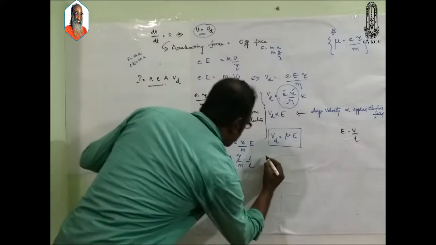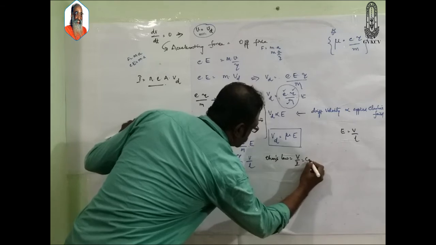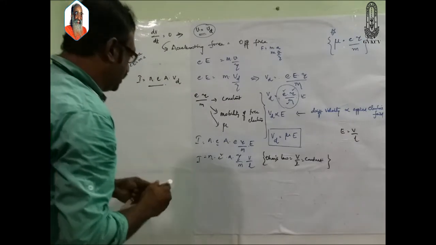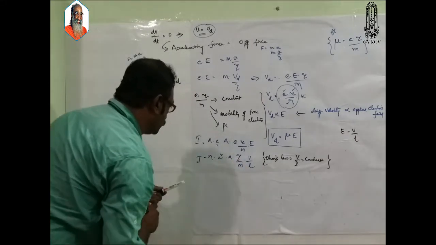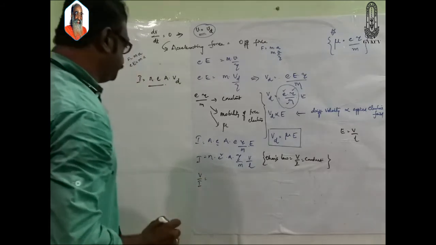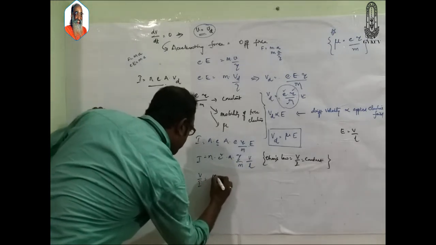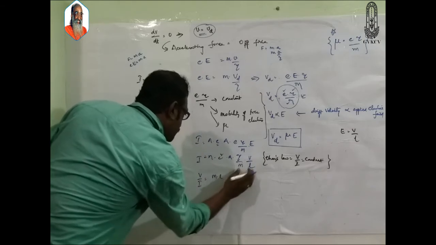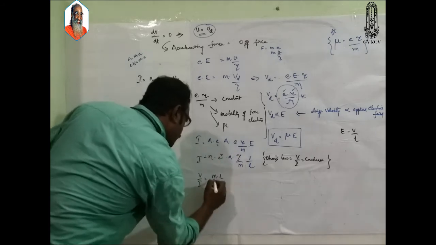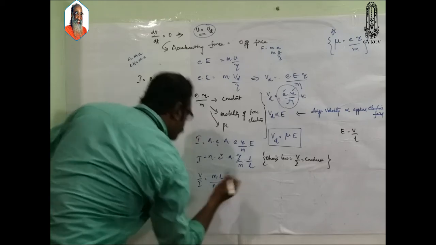So bringing this into that form, V by I is equal to, this m L goes to the numerator, and this value comes to the denominator, that is n e squared A tau.